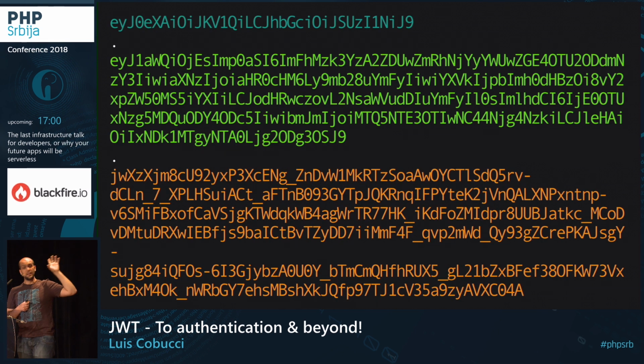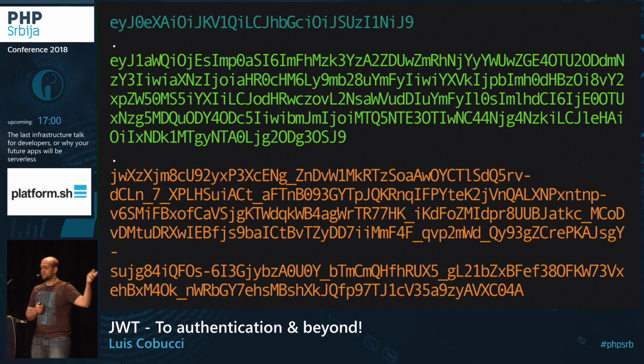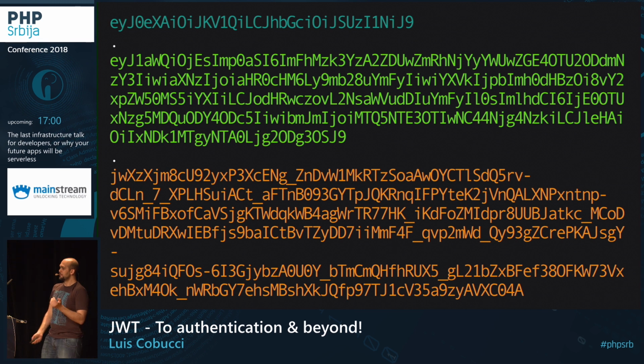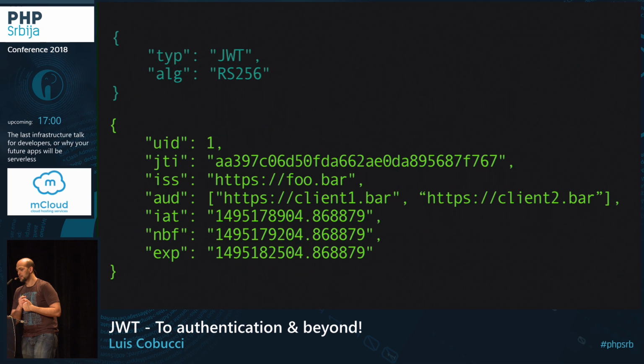and the result of this operation is this. This was RSA 256, yes. And you can see the size of the payload and then the size of the signature is much bigger than the HMAC one. And just one object there. If we decode the headers and the claims, you will see this.